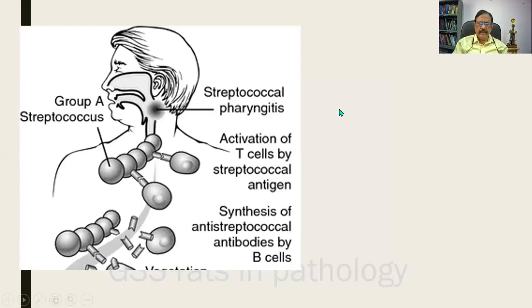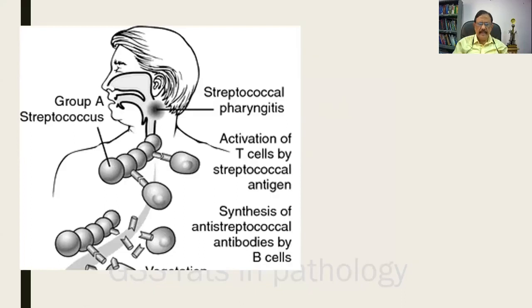A schematic representation of this. A group A streptococcus which occurs in chains, causing a pharyngitis, results in the activation of the T cells. The T cells in turn attract the B cells, which produce anti-streptococcal antibodies.